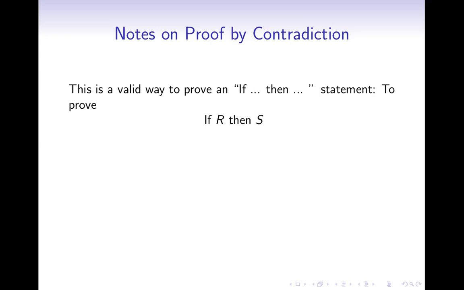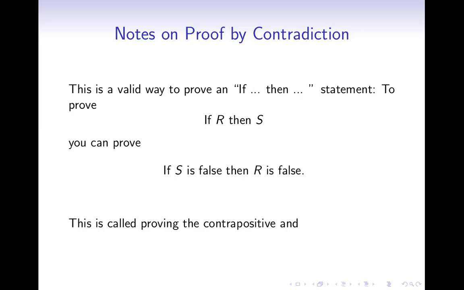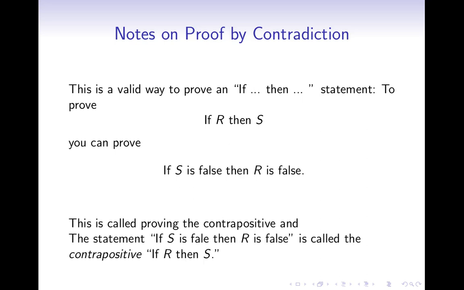If you want to prove if R then S, it's enough to prove that if S is false, then R is false, which is essentially what we did on our first example. And this is called proving the contrapositive. And the statement, if S is false, then R is false, is called the contrapositive of if R then S. See, there was a typo here in this first quoted statement, but it's now repaired.